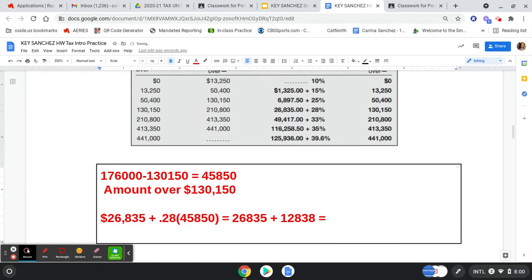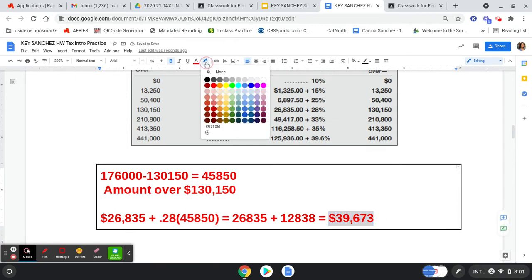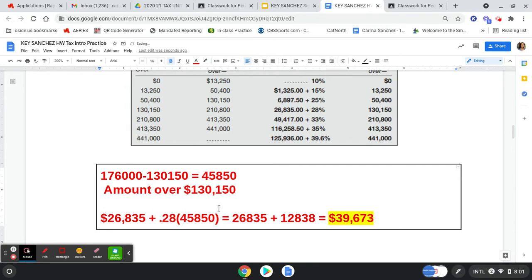Now add that to the base amount of 26,835, and we're getting a tax amount of 39,673. And there's our answer. How'd you do?